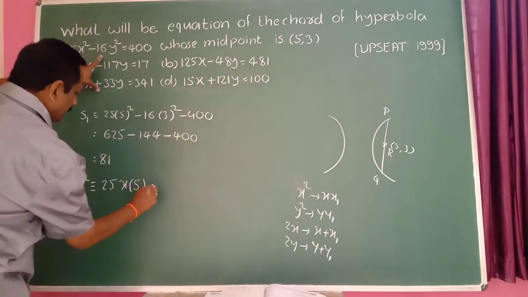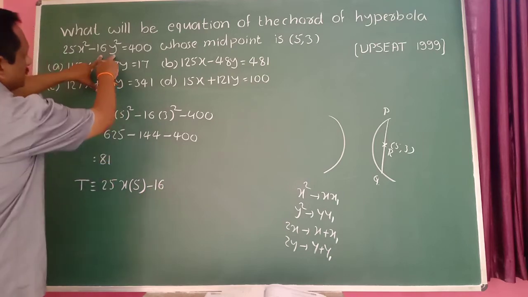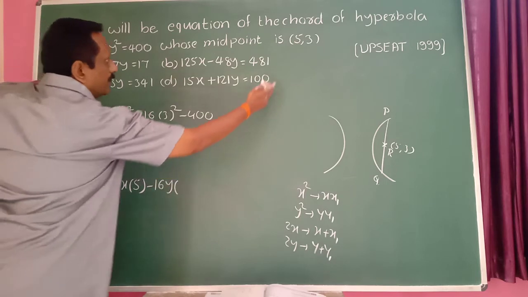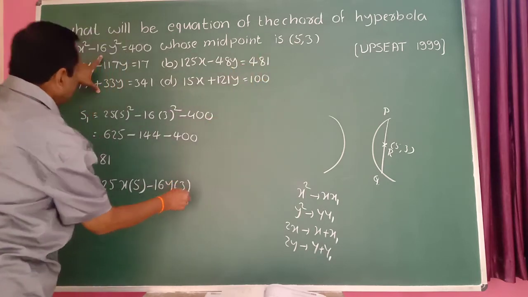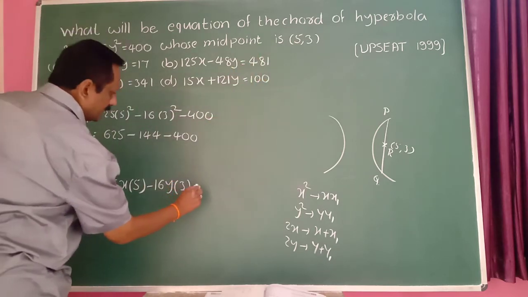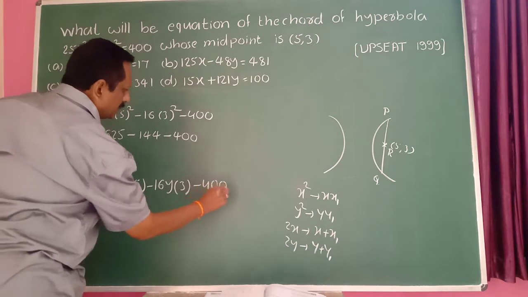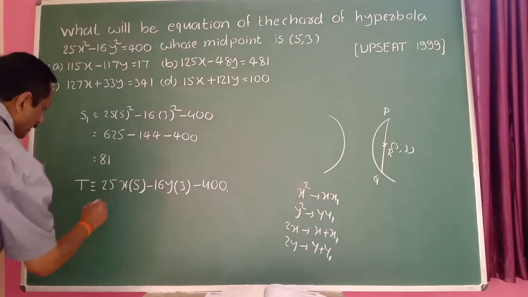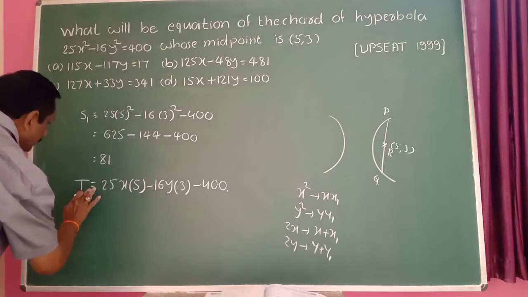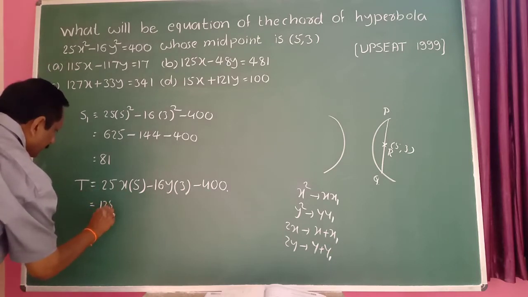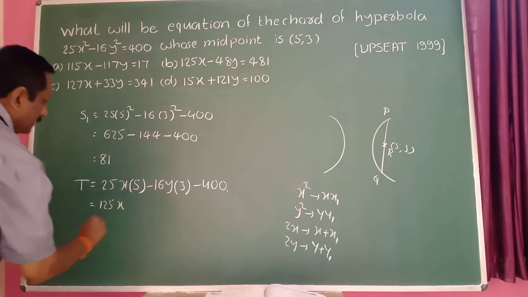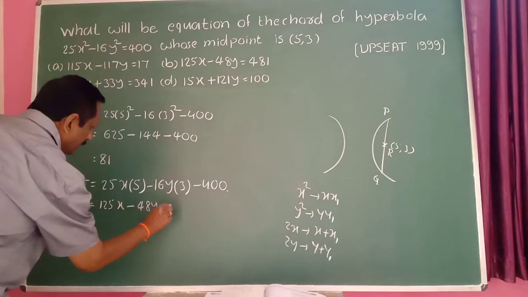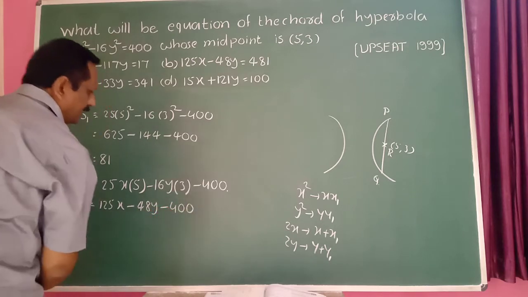Then minus 16 into y into y1, which is 3. And take the 400 from the left side: minus 400. Then 25 times 5 is 125, so it is 125x. Then 16 times 3 is 48, so 48y, minus 400.